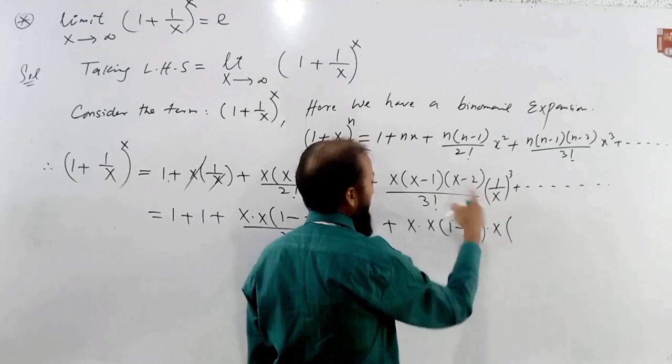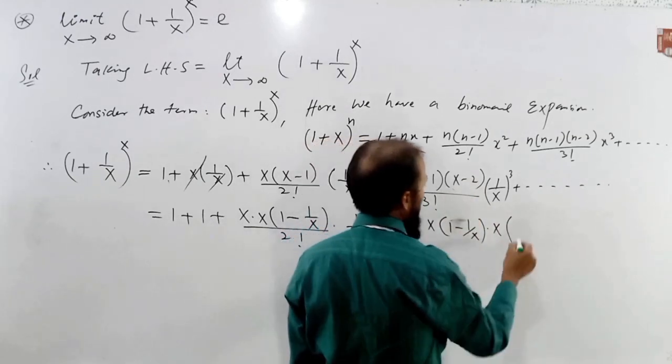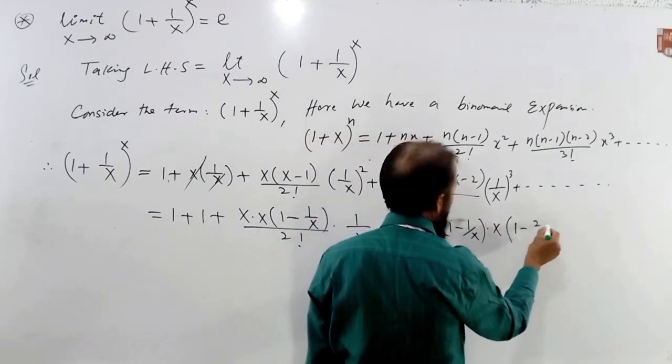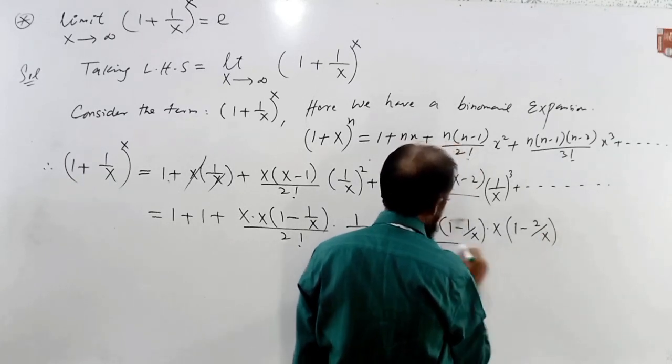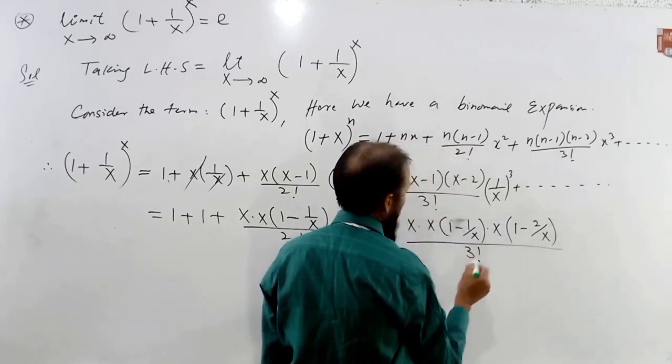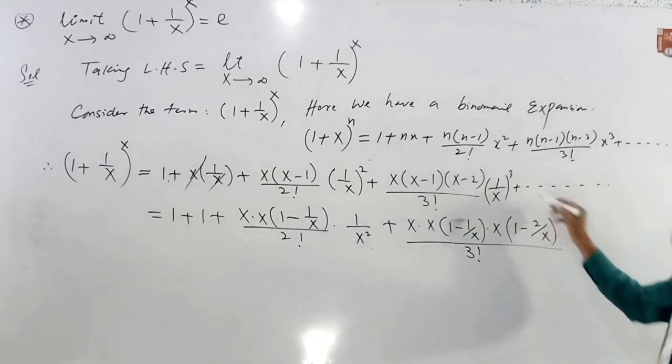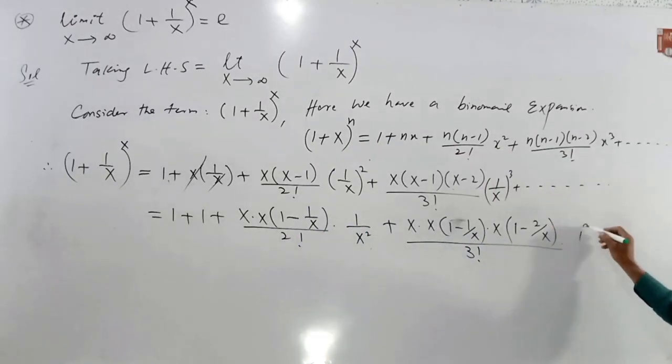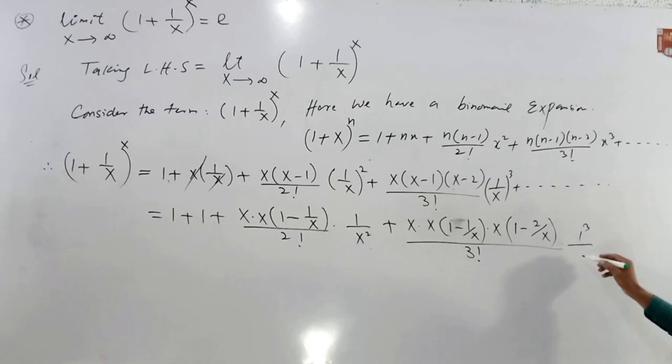Similarly here x is common from the x minus 2, so we write 1 minus 2 by x divided by 3 factorial and 1 expand cube times, so 3 times, so we get 1. Similarly 1 over x cube up to so on.